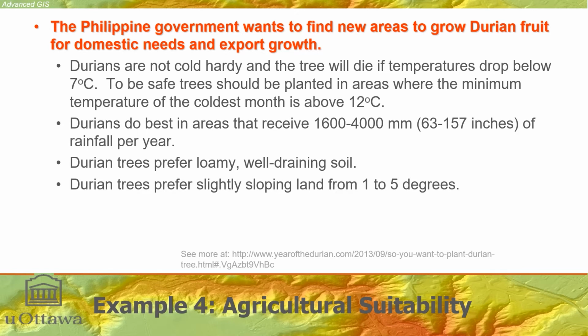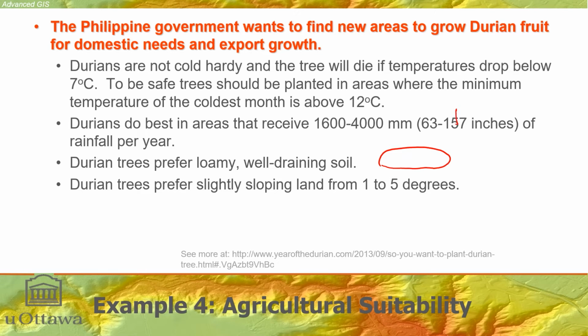So 12 degrees Celsius for the coldest month should be fairly safe from any aberrant cold snaps. Durians also need a lot of water. So they need between 1.6 to 4 meters of rainfall per year because this is a rainforest tree. So we need to know where we have that much rainfall each year.